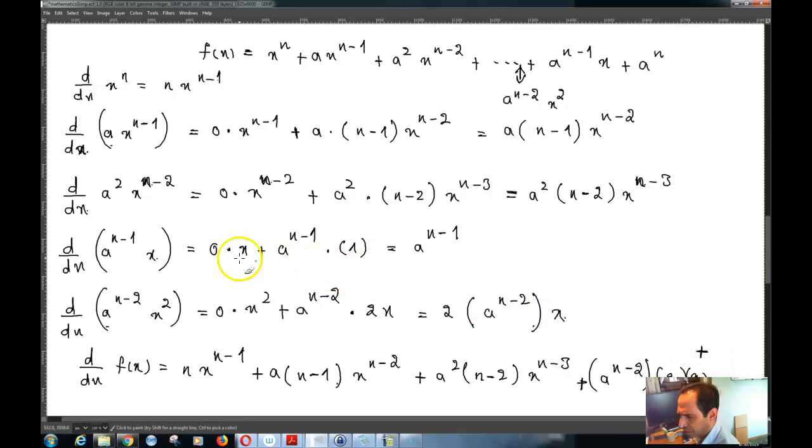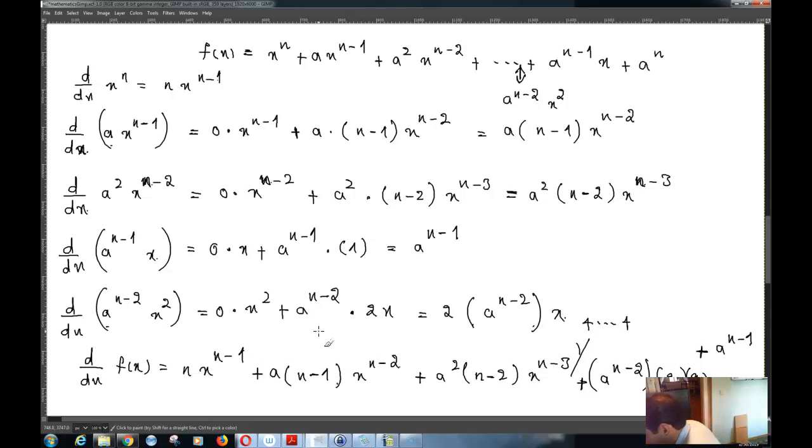plus a raised to the power n minus 1. And of course, there are all of these terms in between.